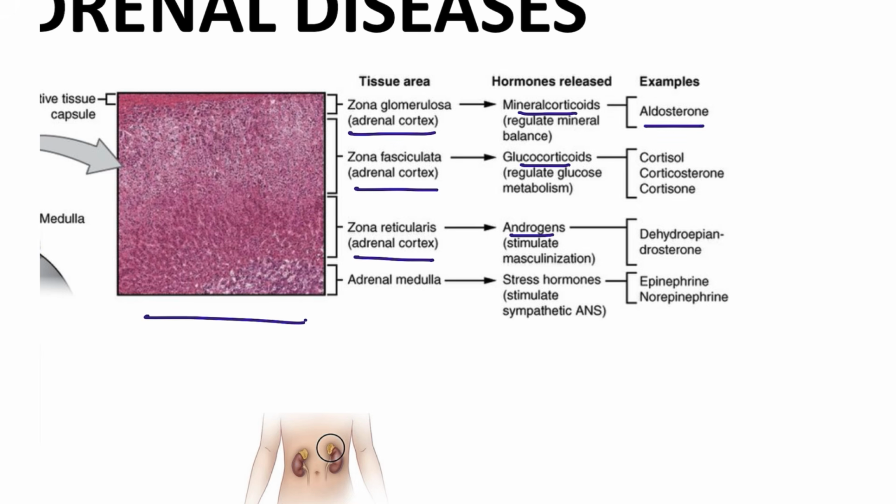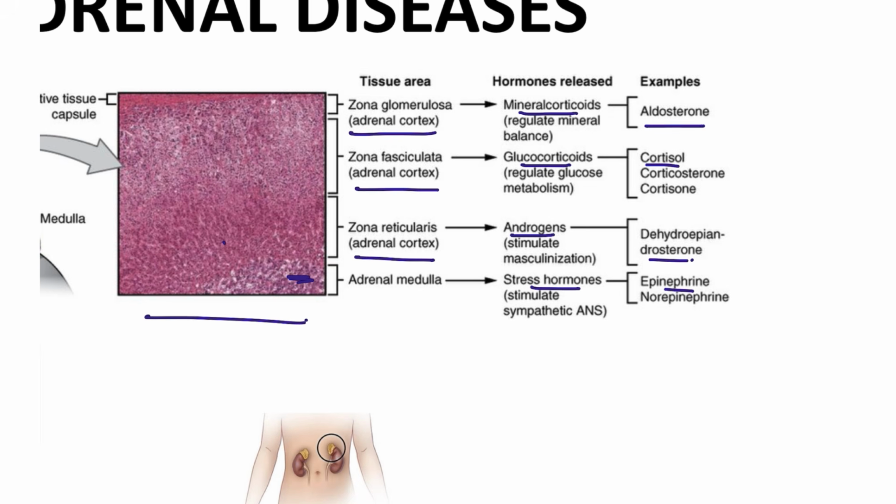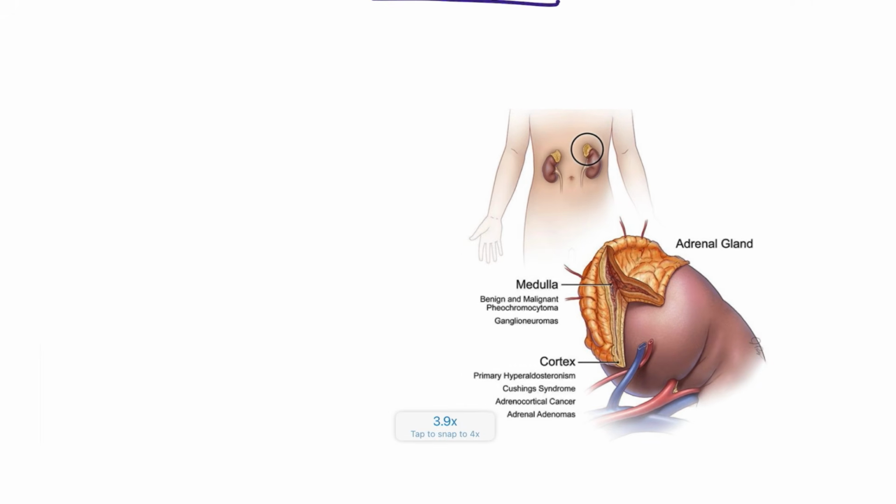Mineralocorticoids such as aldosterone, glucocorticoids like cortisol, and androgens are dehydroepiandrosterone. And the medulla, inside, produces stress hormones such as epinephrine and norepinephrine.